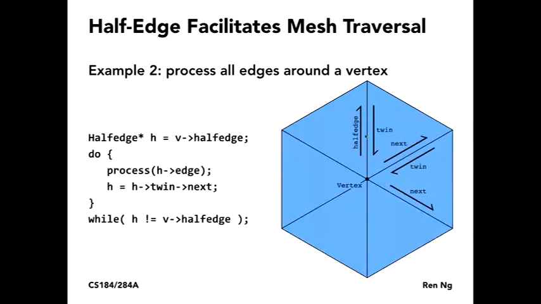So we'll go from this edge, follow it to its twin. We'll take that twin's next pointer, and that gives me this half edge here. And that's exactly what we do here. So we advance H to the twin, and then to its next. So you just wind around and process all those half edges until H is back to the half edge corresponding to the input. Okay?